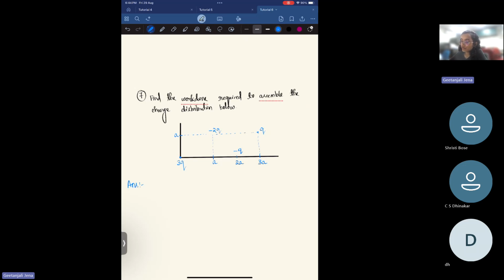Okay, so let me do it. You have four charges: 3Q at the origin, minus 2Q here, minus Q here, and Q here.